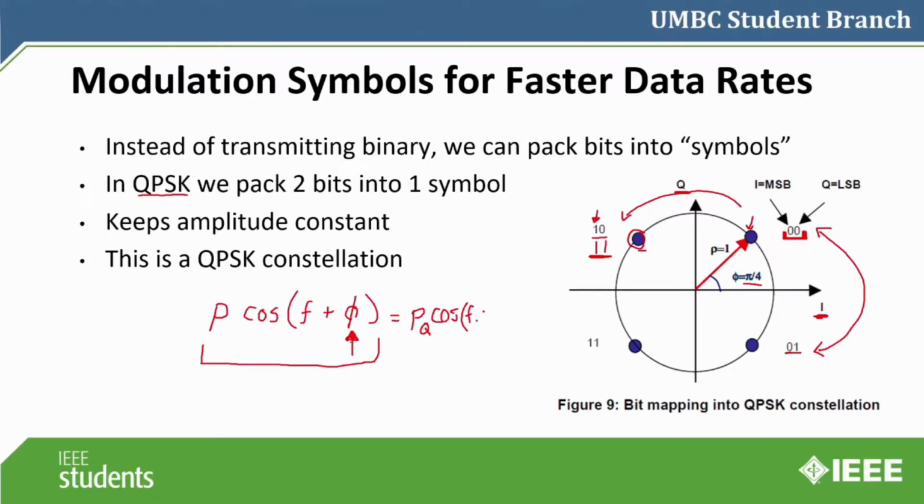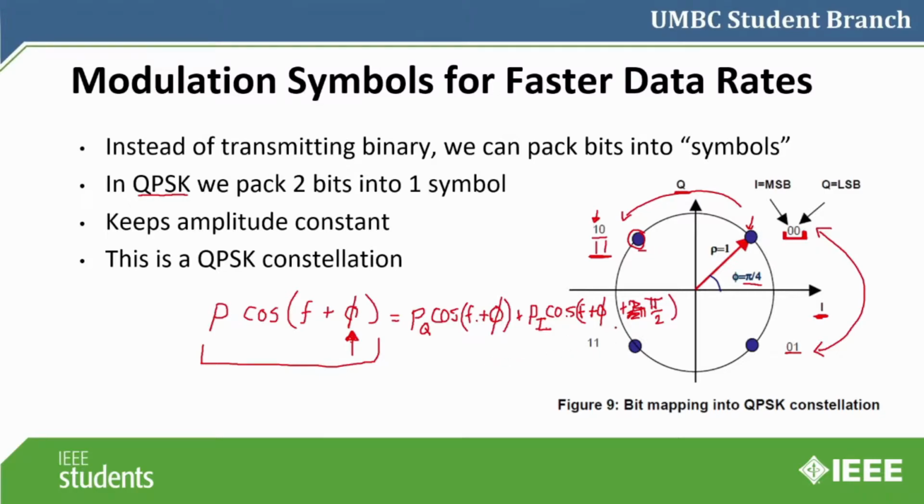They usually have the same frequency plus a phase, and then we have another component, cosine, plus that, plus pi over 2, a quarter of a wave.